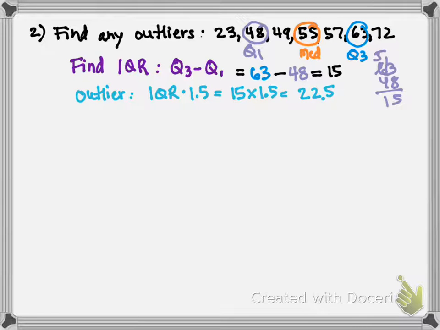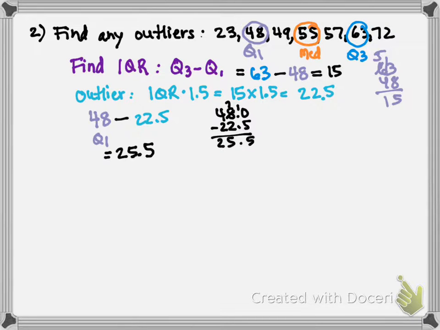So let's try it. Here's our Q1, 48, that's our Q1, and we're going to subtract the outlier formula from it. Okay, so off to the side of my paper, I'm going to do that. Annex zeros as I need to. And we get 25.5.